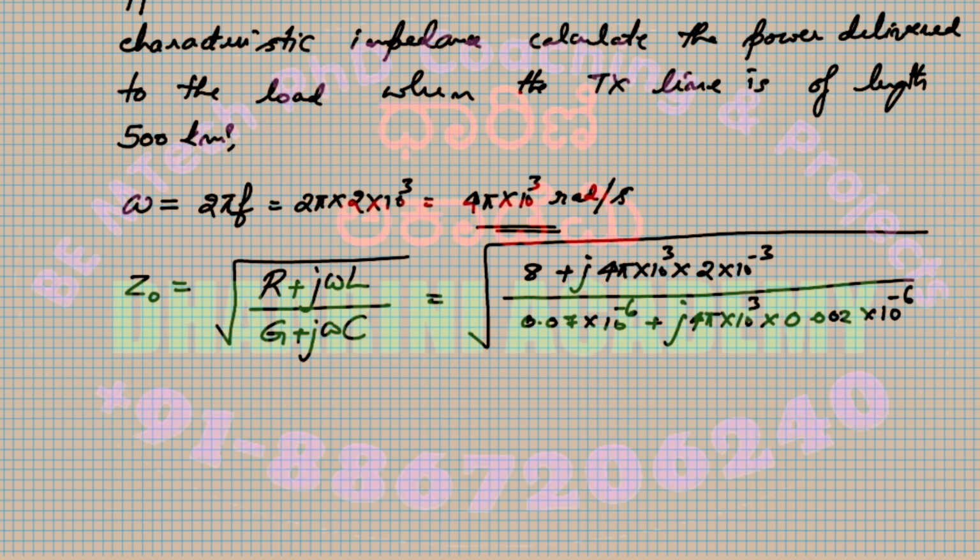If you have something like 2 plus 3i, I will convert that into r angle theta first. 3.6 at an angle 56, the square root of that.